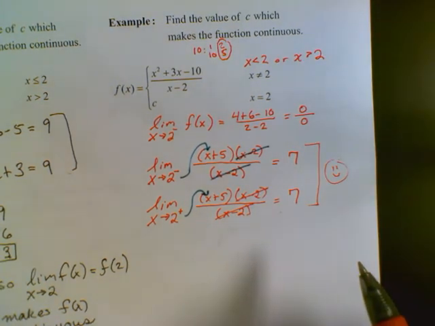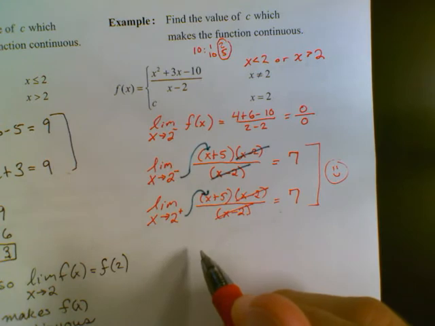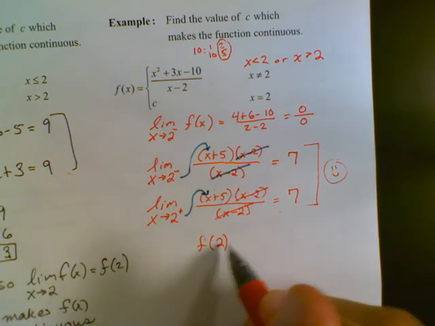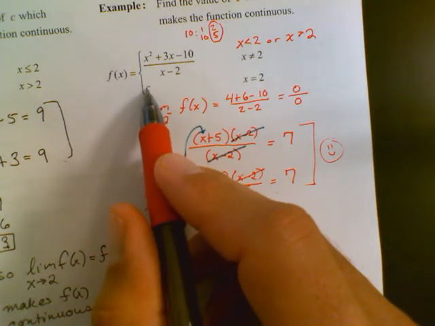Now we just have to ensure that the function value at 2 equals the limit. Well, the function value at 2, the way it's written, actually equals c.